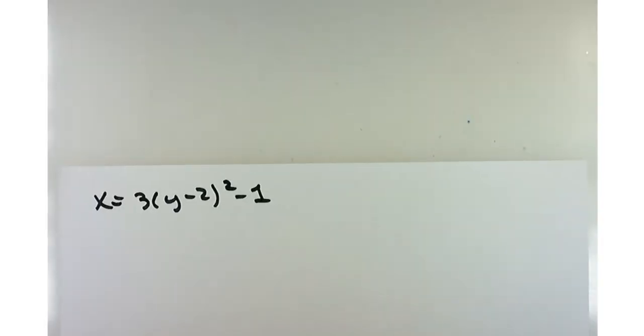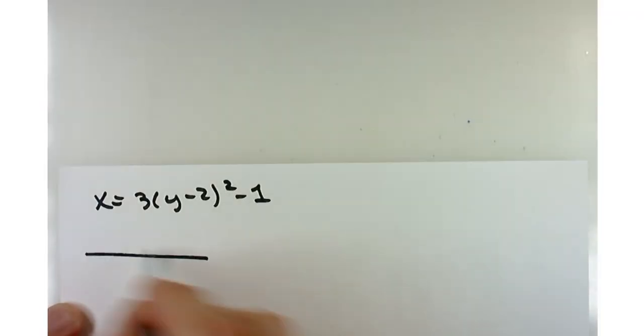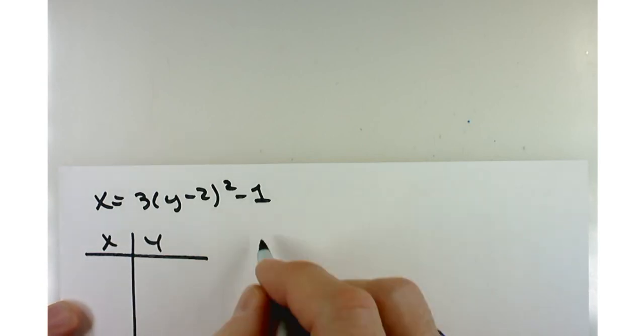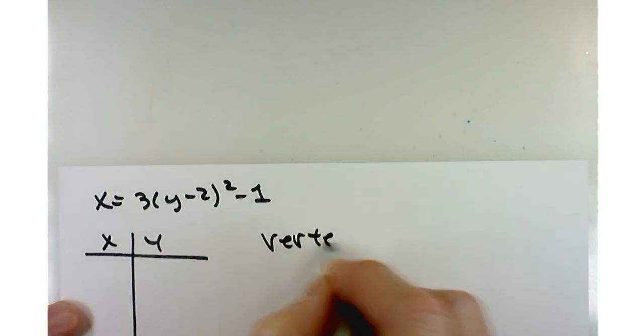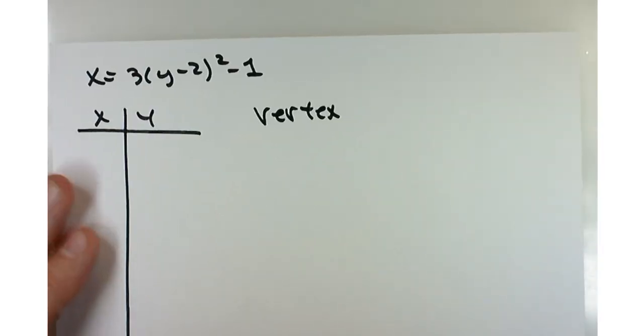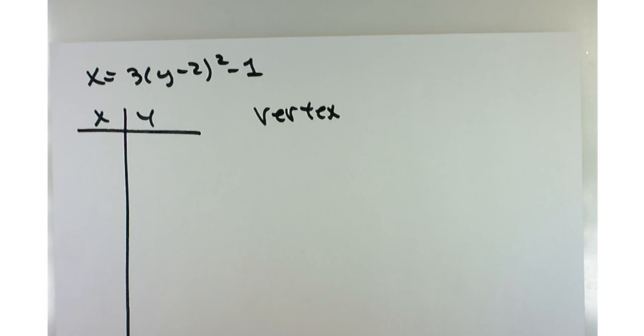Let's start out the same way, that is figuring out the vertex. So I'll make myself a little chart here. So let's start by figuring out the vertex. Now I need this part to be a little more interactive. I mean, you guys help me out.